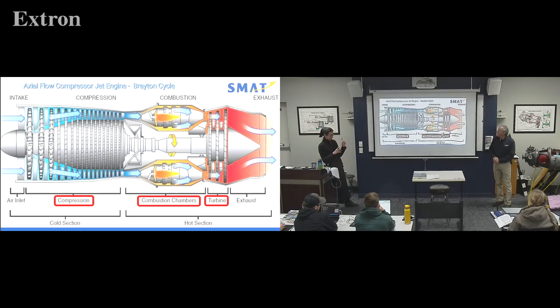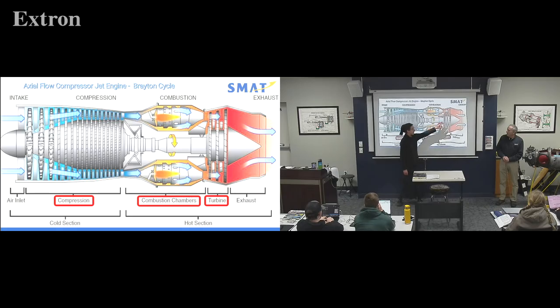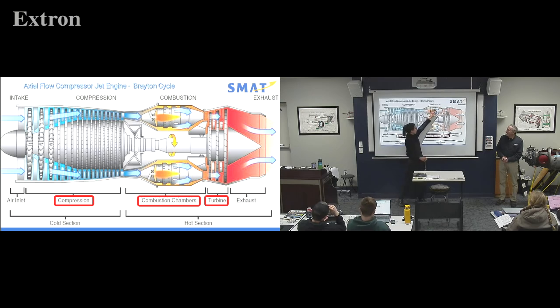The other thing on this slide is there are 3 sections common to every single turbine. And we've been talking about them, but that is your compression section that has the compressors. And then the combustion chambers where we introduce fuel and have the igniters and the burning combustion is happening. And then the turbine, where we have all this hot air coming out in major expansion from our combustion.